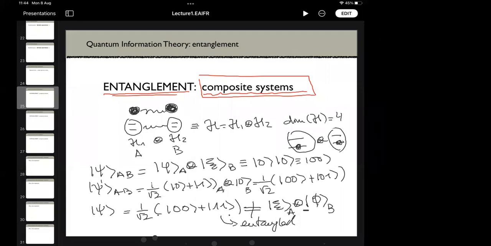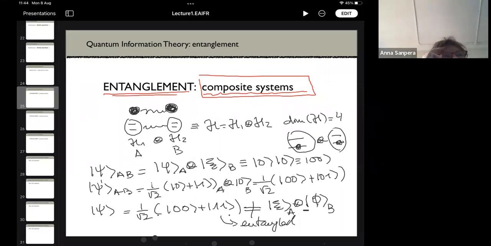Yes, you can have much more than two particles entangled. The only thing that cannot happen is if Alice, which is a party, is maximally entangled with B, then she cannot be entangled with anything else. This is what we call that entanglement is monogamous.